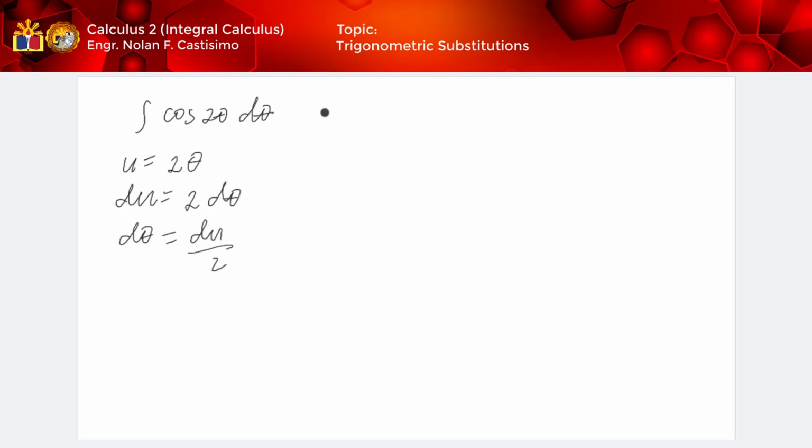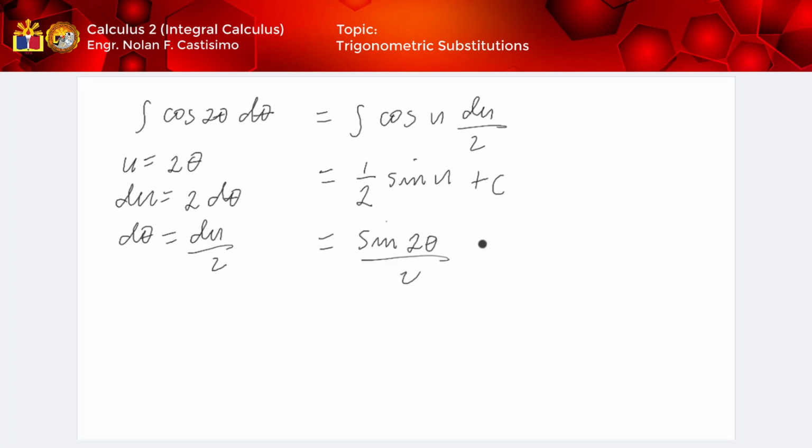So, magkakaroon tayo ng integration of cosine u du over 2 and then transpose lang natin, ay ilalabas natin yung 1/2. So, 1/2. Then, our integration of cosine u is sine u plus c. So, this will become our final answer, sine 2 theta over 2 plus c.